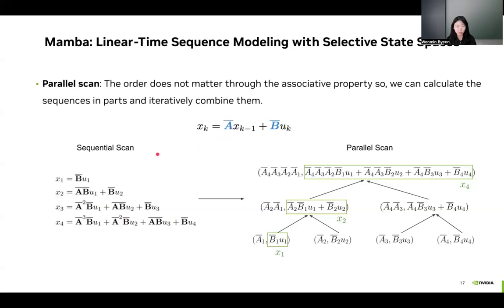If you compute this sequentially, it looks like this. But using the parallel scan algorithm, you can compute it like the right side. We can calculate the sequence in parts first, and then iteratively combine them in this tree structure. So if the sequence length gets longer, all these parts can be computed in parallel and then combined.